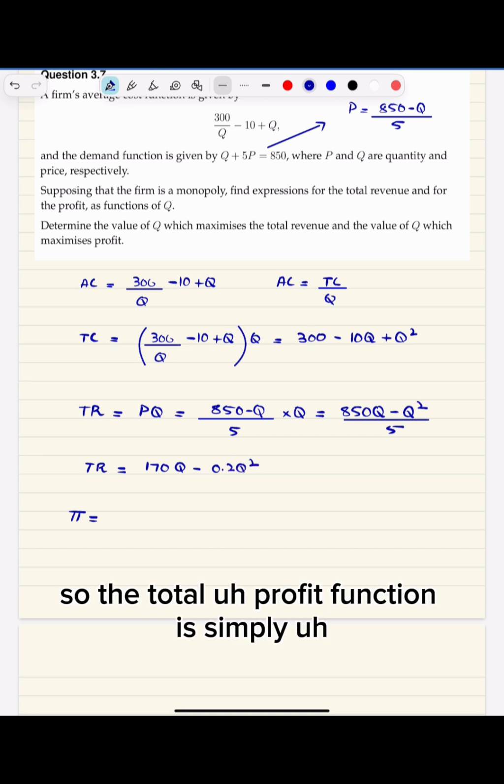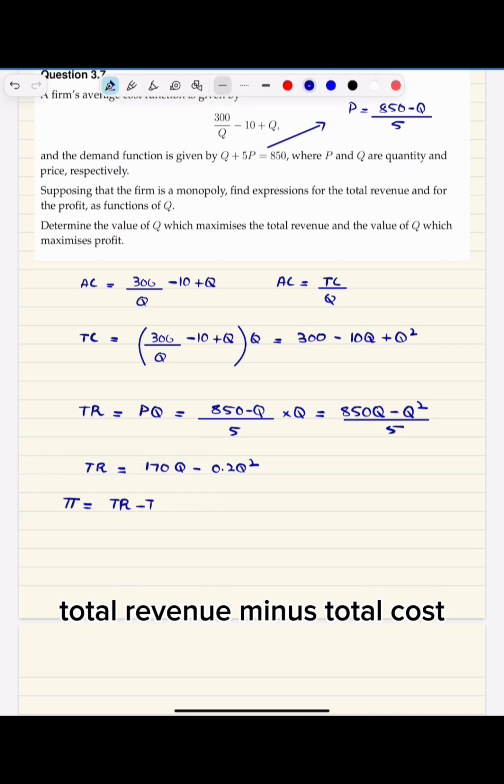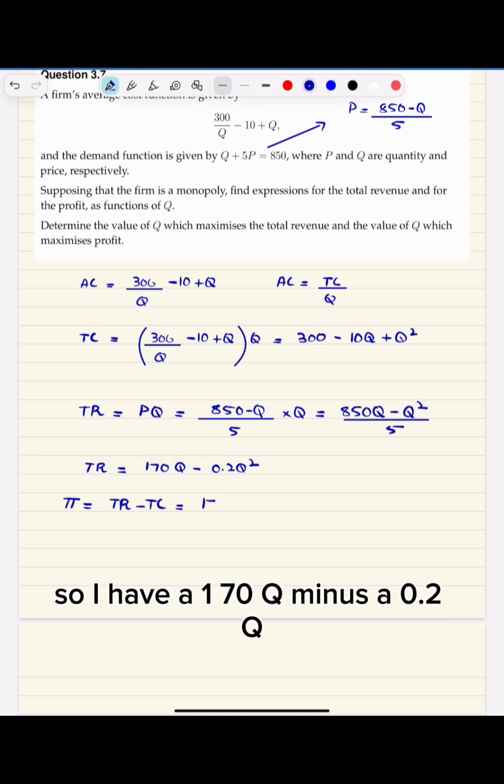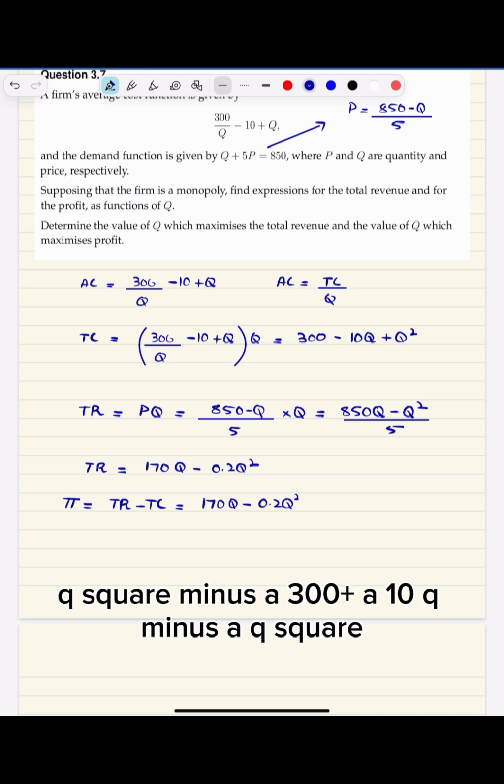So the total profit function is simply total revenue minus total cost. So I have 170q minus 0.2q square minus 300 plus 10q minus q square.